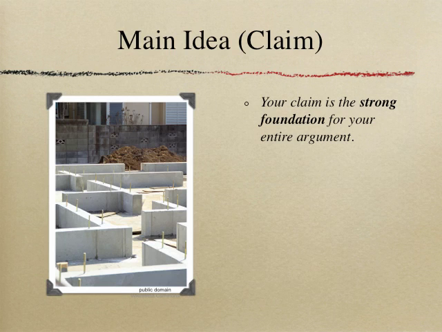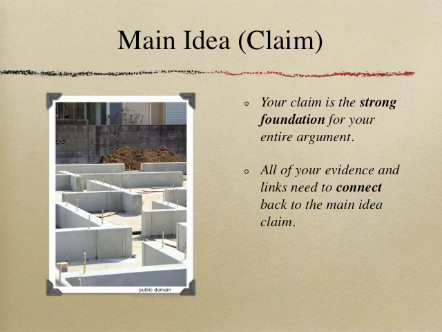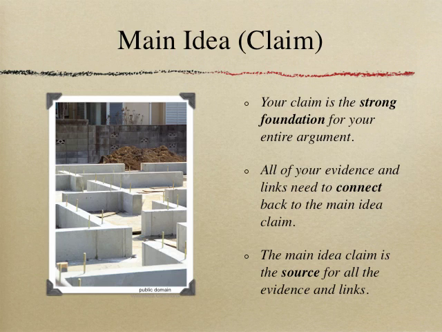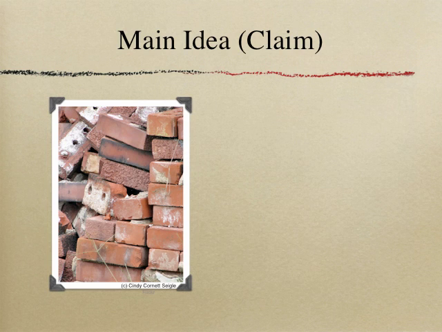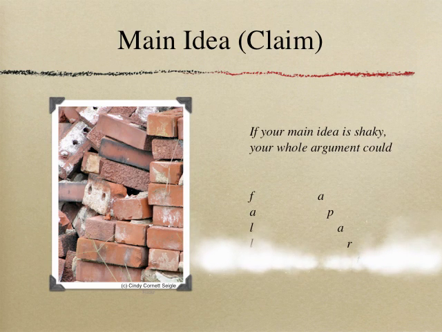Just like all of the walls of a building have to rest on a foundation, everything in your paragraph needs to connect directly to your main idea claim. You wouldn't want a pile of bricks off to the side, or a chunk of evidence and links that don't really connect. If your main idea is shaky, your entire argument could fall apart.